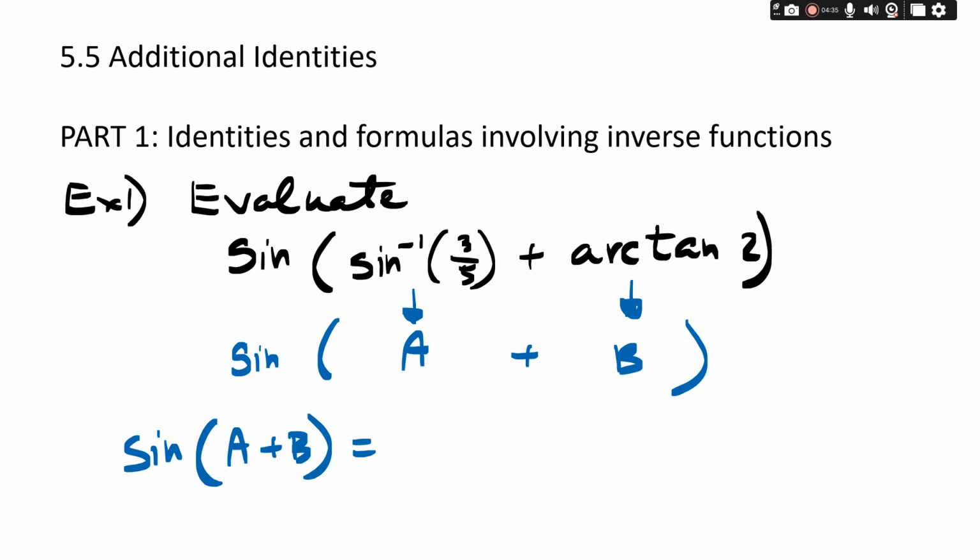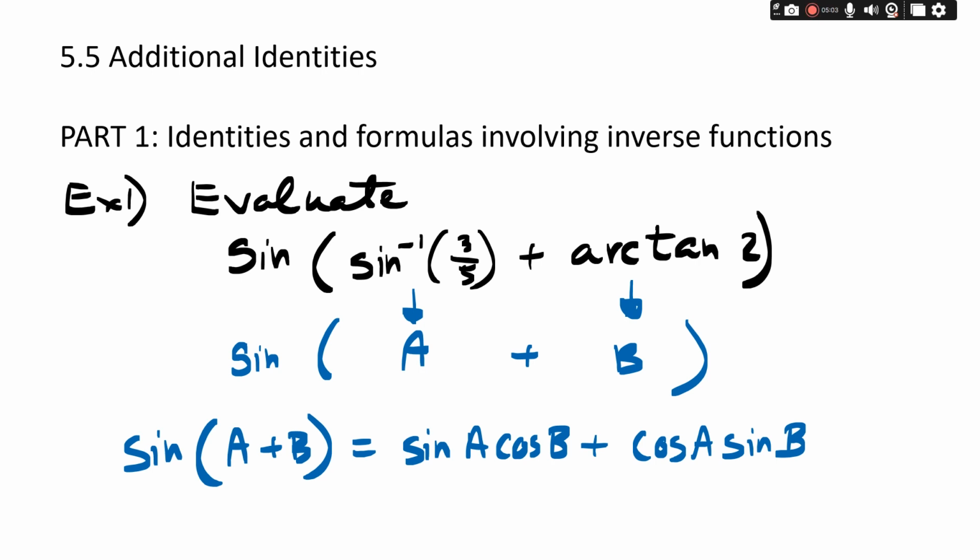It says I can get the addition of my angles and then get the sine value of it as long as I can take the sine of my first angle, cosine of my second angle. I add it with cosine of my first angle and sine of my second angle. That's all I need to get. Okay, then how do we get the A angle out of all that right there? And how do we get the B angle out of all that?